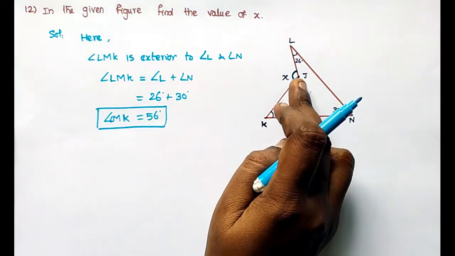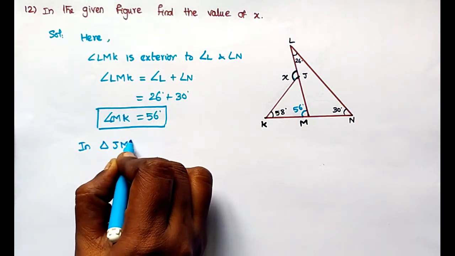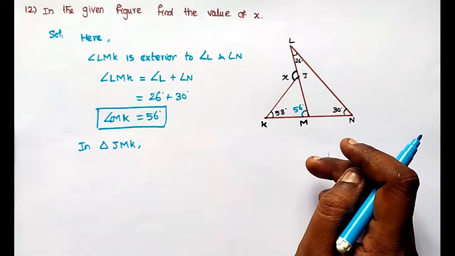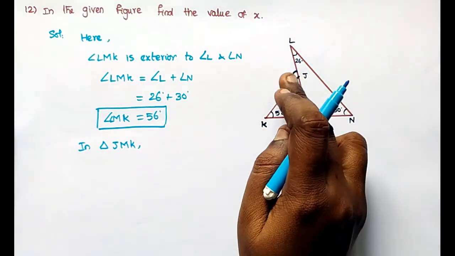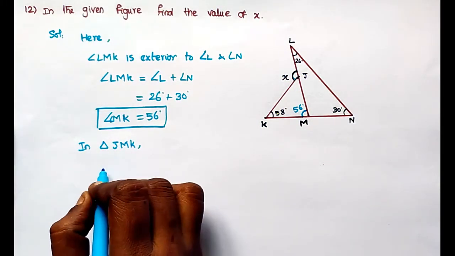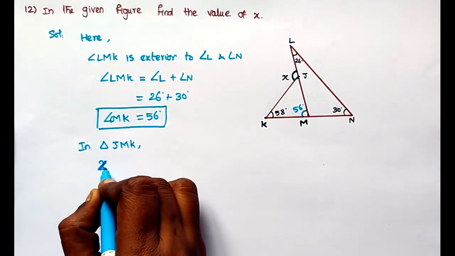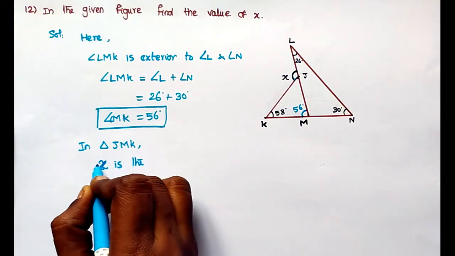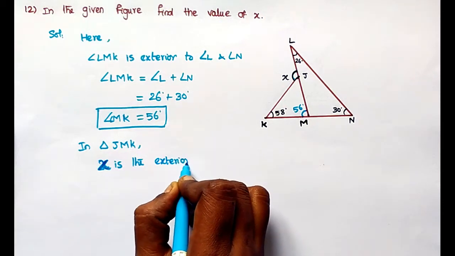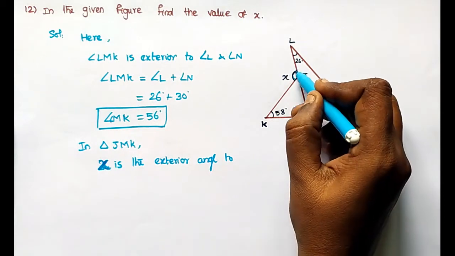Now in triangle JMK, x is the exterior angle, no?